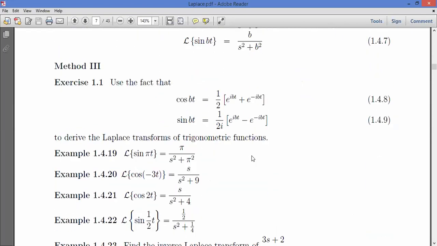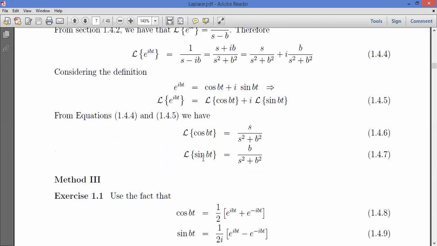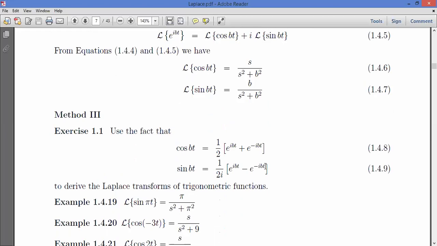And from that, we can look at some examples here. These examples are obvious. Why are they obvious? We've looked at sine t. So sine pi t, remember we already have that sine bt. Just look at the two definitions here.